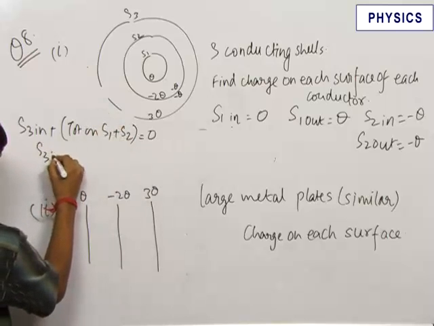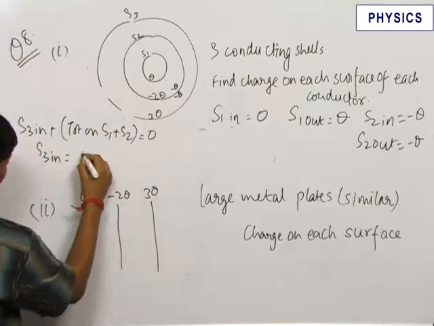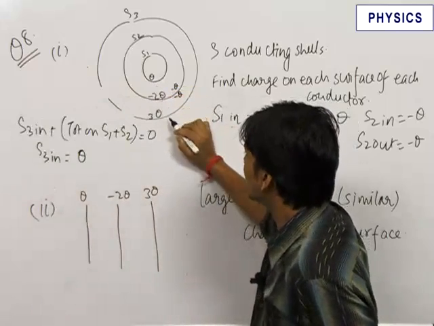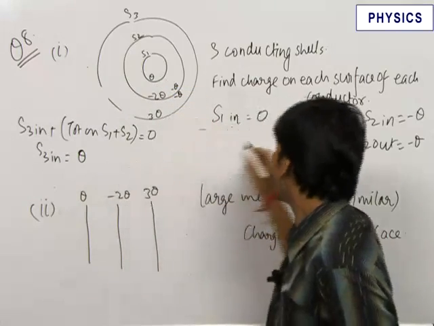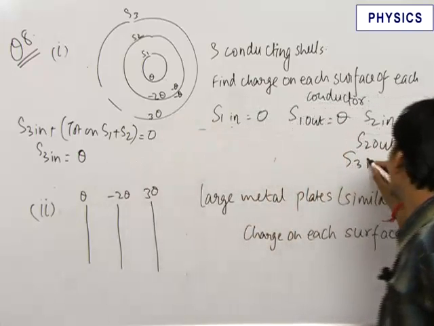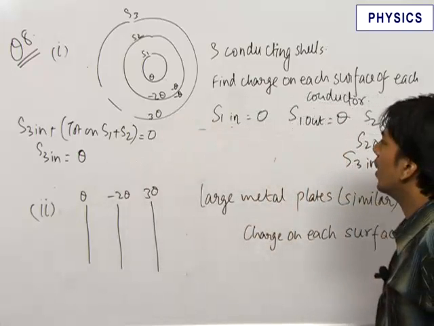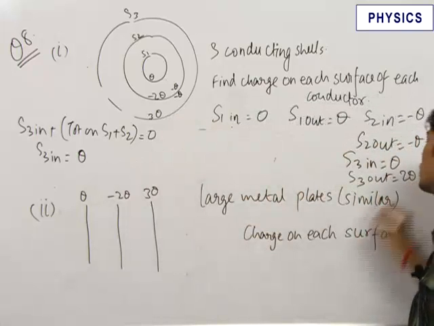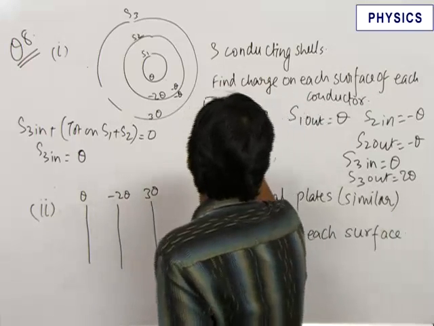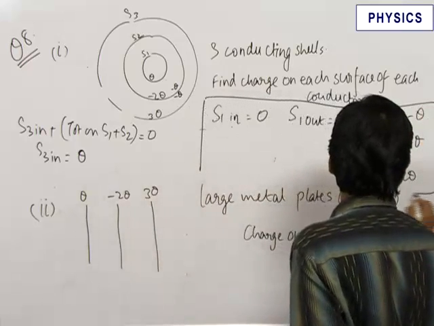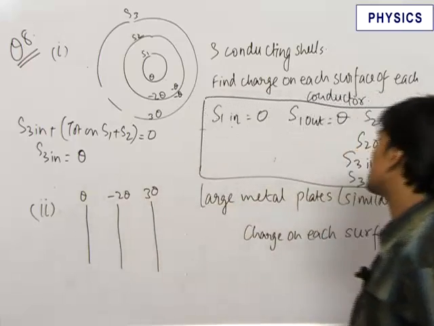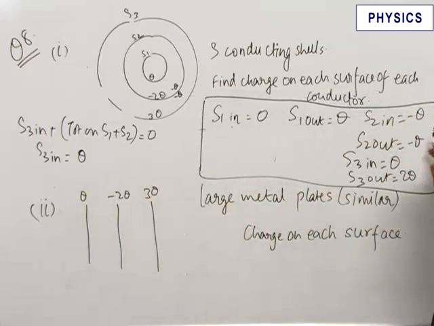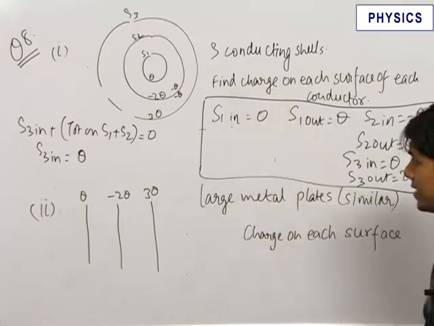Therefore, S3 in will be equal to Q, because Q plus minus 2Q is minus Q. Therefore, S3 in is equal to Q. Now, by the law of conservation of charge, S3 out will be equal to 2Q. So, the final answer for the 6 surfaces comes out to be 0, Q, minus Q, minus Q, Q and 2Q on the respective surfaces.